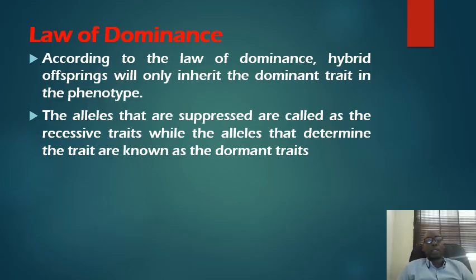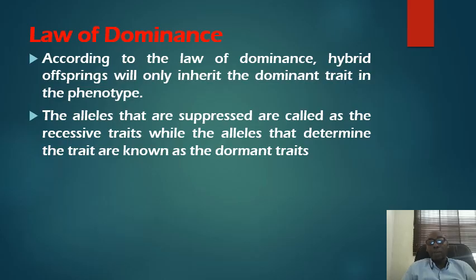Based on the 2 laws of inheritance, you can also talk about the law of dominance, which says that hybrid offspring will only inherit the dominant trait in the phenotype. For example, you have your F1 generation, the dominant traits that will appear in that phenotype.